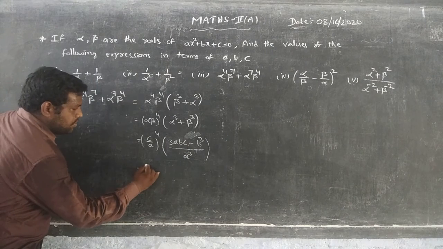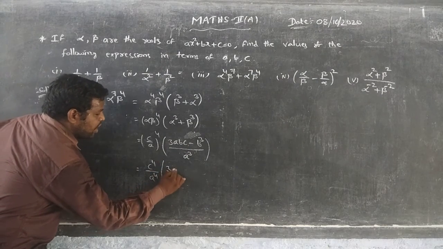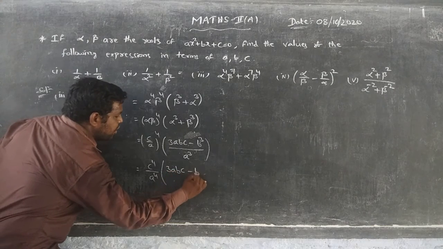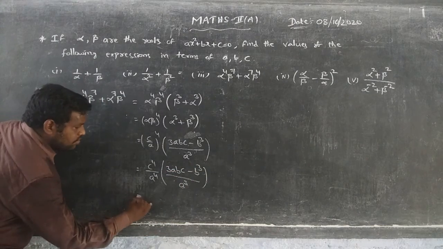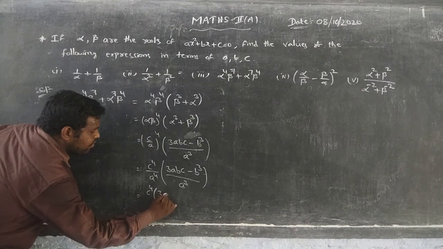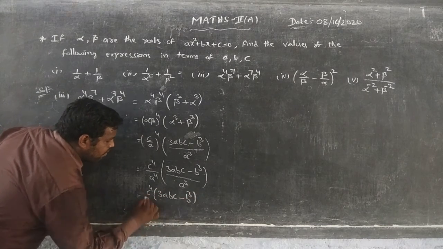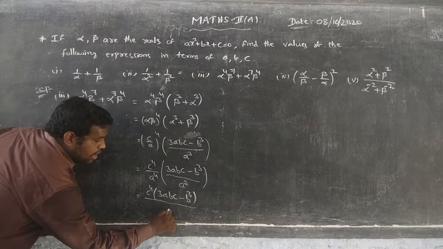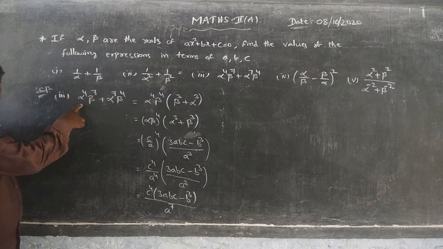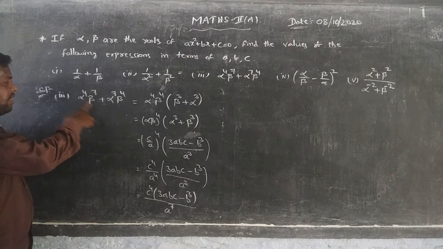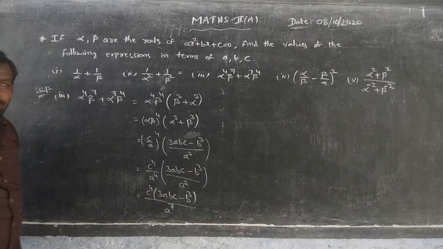That equals c power 4 by a power 4 into 3abc minus b cube by a cube. That equals c power 4 of 3abc minus b cube by a power 4 into a cube, a power 7. This is the value of alpha power 4 beta power 7 plus alpha power 7 beta power 4.